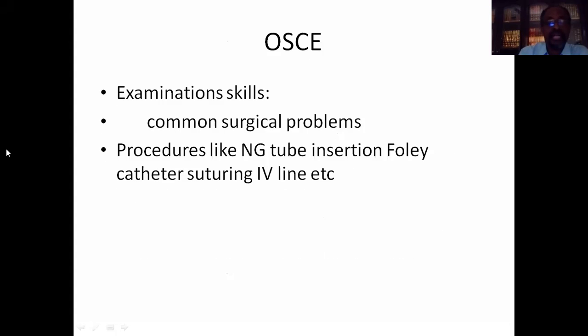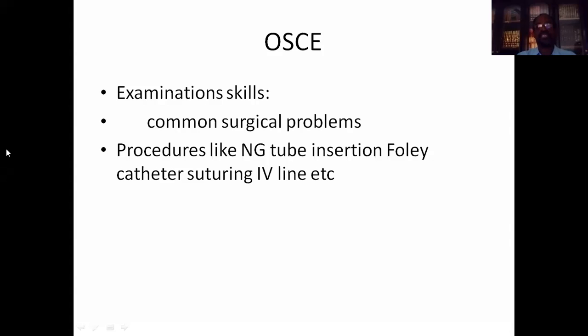Then we come to common surgical problems, examining common surgical problems like examining the neck, examining a hernia, examining a lump, lymphoma, sebaceous cyst, dermoid cyst, the abdomen of the patient, examining a joint or examining a limb.